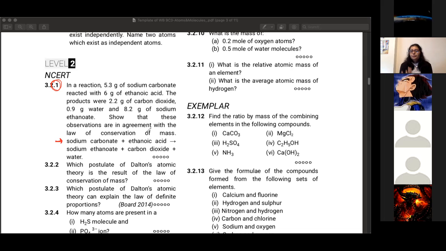Can you say that the total mass before the reaction was 11.3 grams, and after the reaction, the total mass was also 11.3 grams? Absolutely. You need to prove that if you're getting the total mass before reaction equal to the total mass after reaction, then that proves that the law of conservation of mass is followed. Yeah, very nice. That's exactly what you need to do.